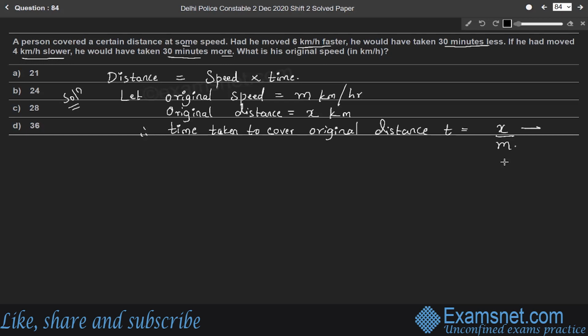This is the original time. In the first case, if he had moved 6 km per hour faster, he would have taken 30 minutes less. So if he had moved 6 km per hour faster, what is the time taken by him?